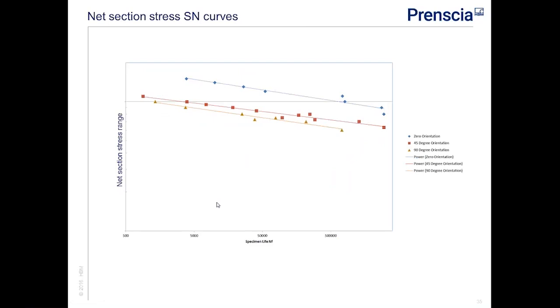We get nice straight lines on log axes, and the 0-degree specimens, not surprisingly, are much the strongest because they have most of their fibres aligned with the loading direction. And we see the 45-degree and 90-degree lines lie fairly close together.